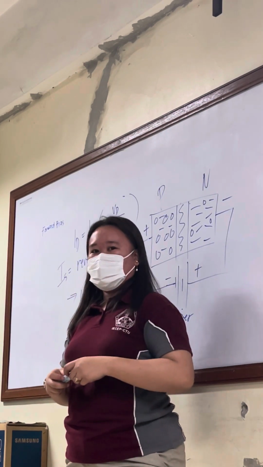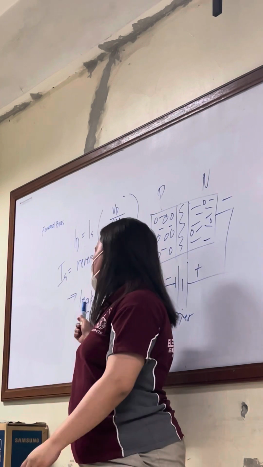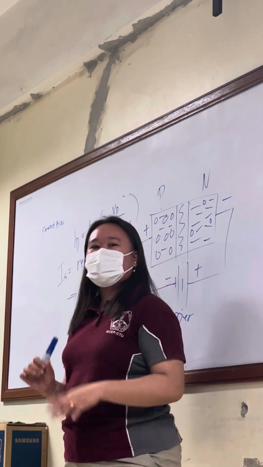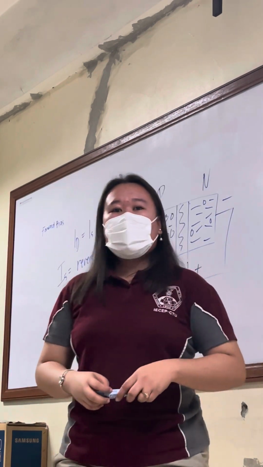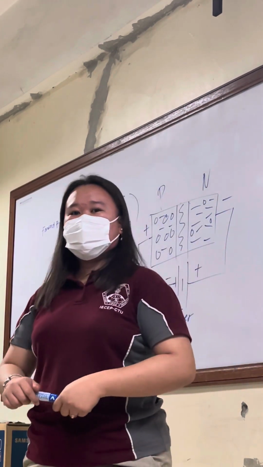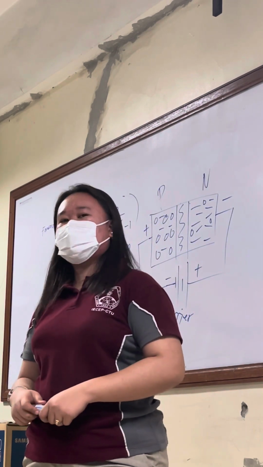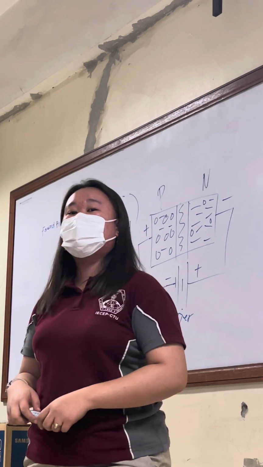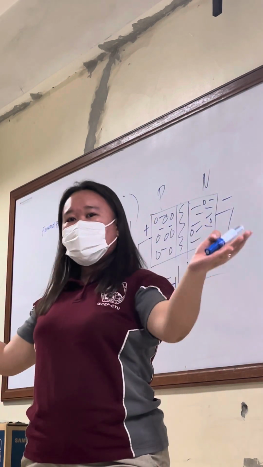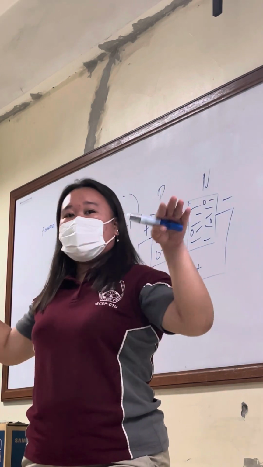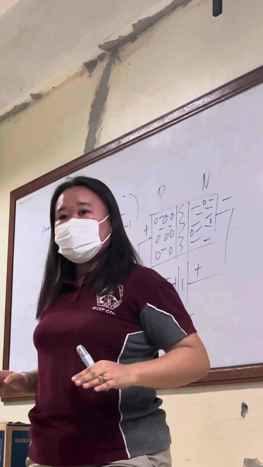Kung naka forward bias ang majority, ang minority kay naka reverse. Pero minor, not enough to turn off the device. Okay, ang ato ang major kay nagpagamay sa depletion region.